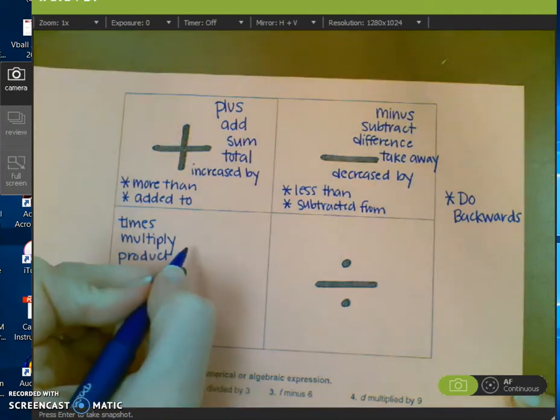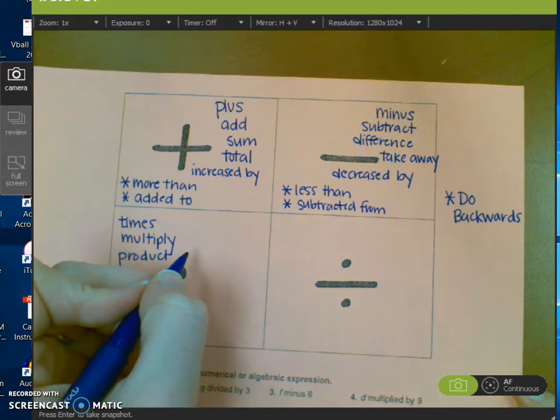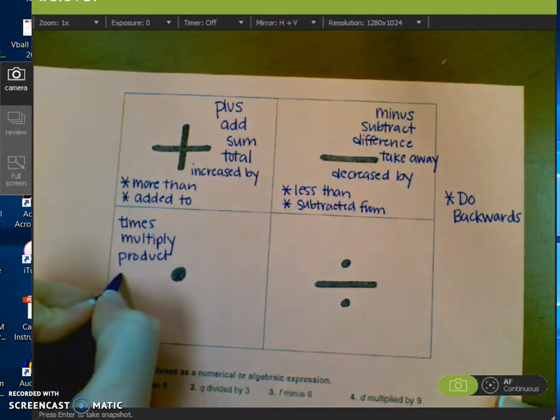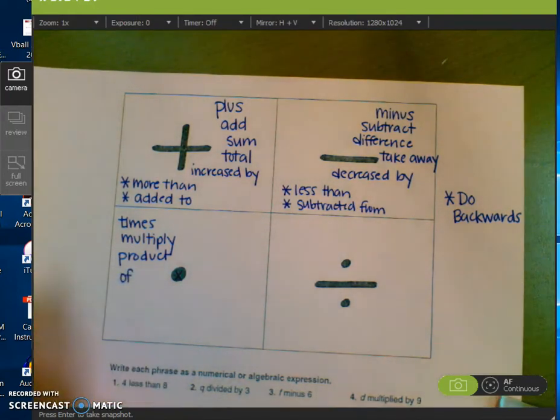Or multiplied by, either that would work too. The word of, we don't always recognize this, but this is something that you should commit to memory and commit to your long-term memory because it's going to help you in my math class as well as others along the way. Of means multiply. Whenever you hear or see the word of, you should automatically associate that with multiplication.